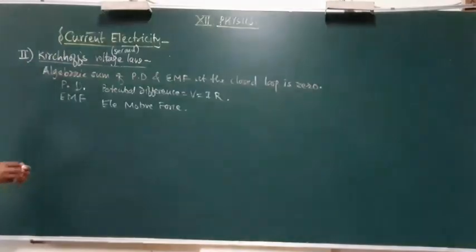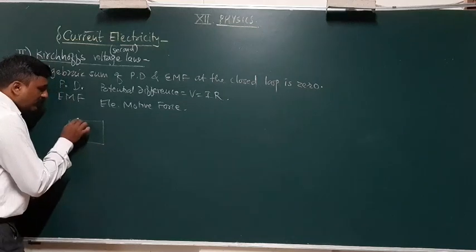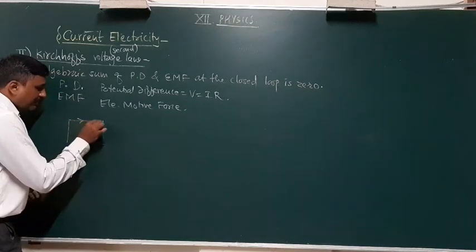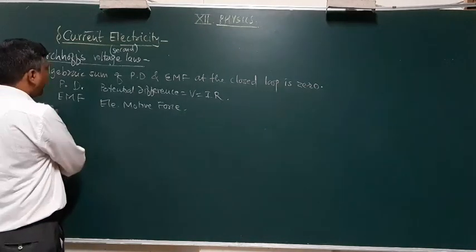If the current is flowing, then it is called a current loop, closed loop. Okay. Now we see the mathematical form.